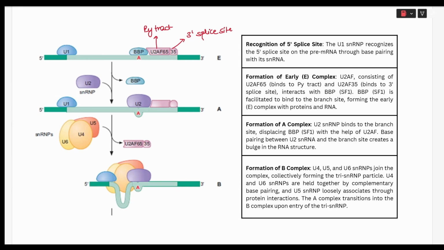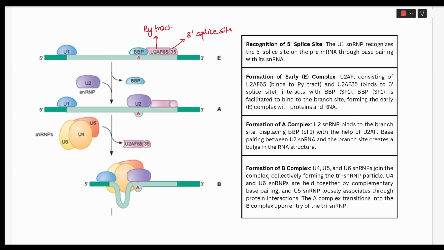Okay. In the case of mammals, instead of BBP, we have SF1. Okay, and this is basically where the U1 is present on the 5' splice site, BBP is present on A or the branch point site, U2AF65 is recognizing the polypyrimidine tract, and U2AF35 is recognizing the 3' splice site.